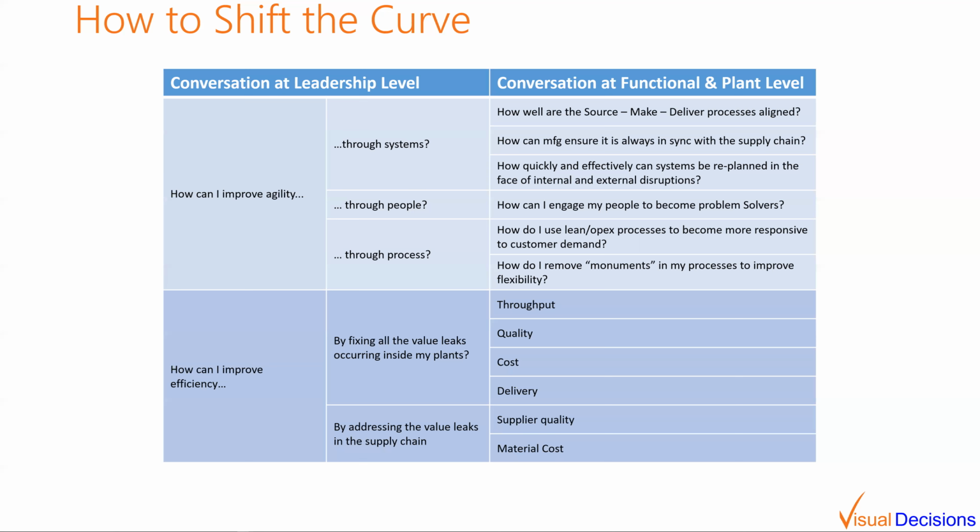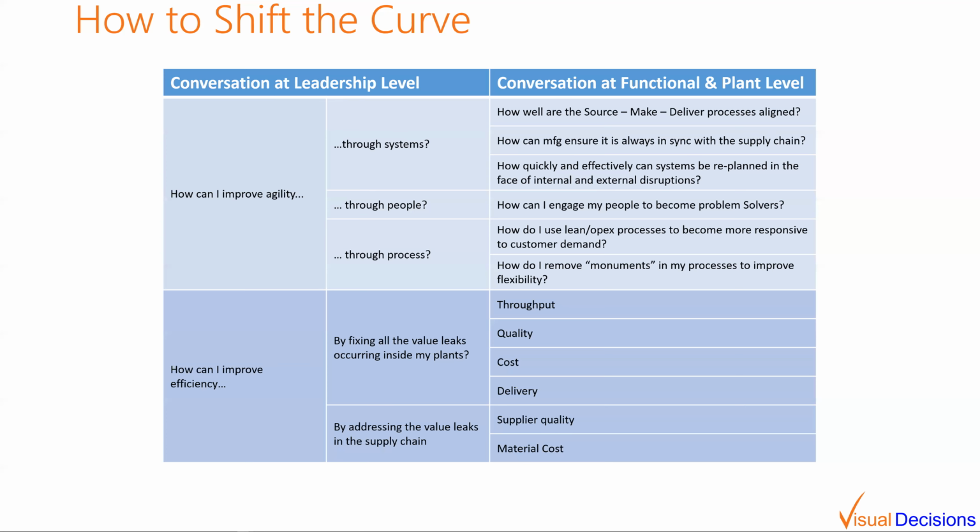And then, from a different side of the conversation, when we're looking at efficiencies, typically what we're trying to find are the different value leaks occurring within the operations. Whether that's a lack of throughput, quality issues, cost overruns, or delivery issues, those are all things that create losses within my organization.